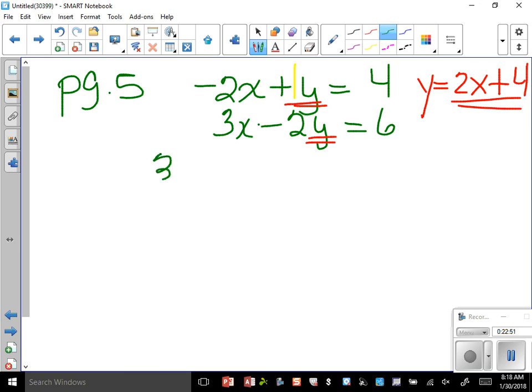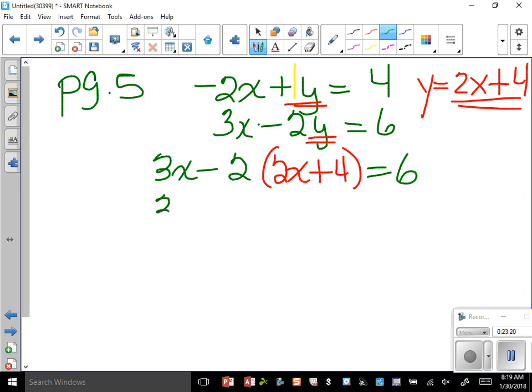So 3x minus 2, parenthesis, 2x plus 4. There's my substitution, equals 6. Are we together with that step? So I isolated y in the first one by adding the 2x to the other side, and I just substituted y in the second one to be 2x plus 4. Now we're just going to work it out.